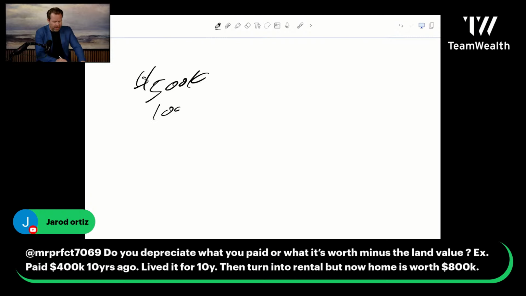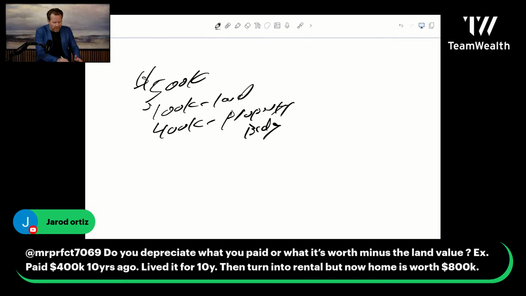And let's say 100K of that is the land value, 400K is the property, the actual building, okay? So when you have rental real estate, you get to depreciate the value of the building over time. You don't get to depreciate the land, but it's your cost basis.